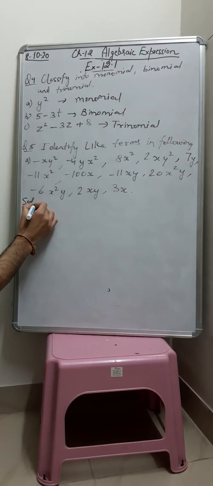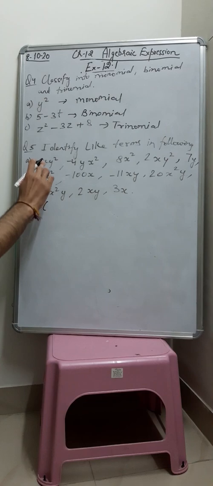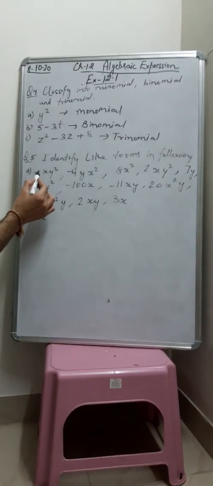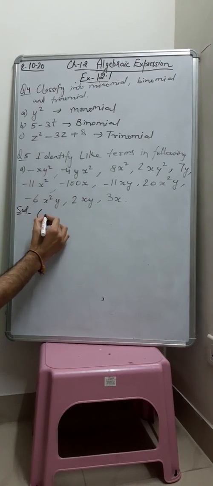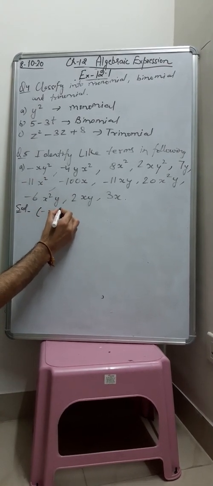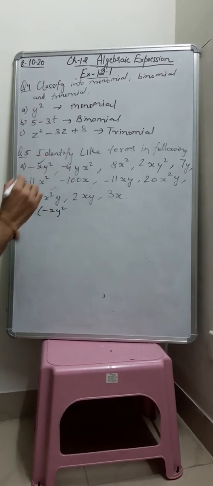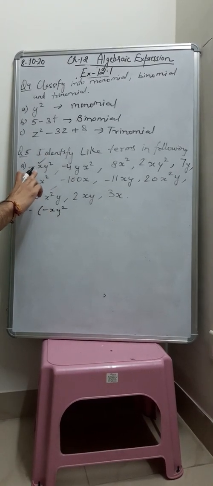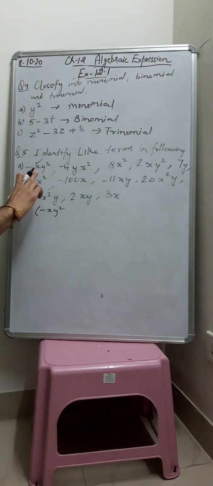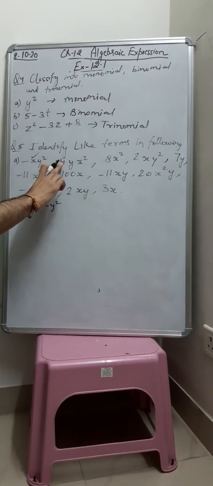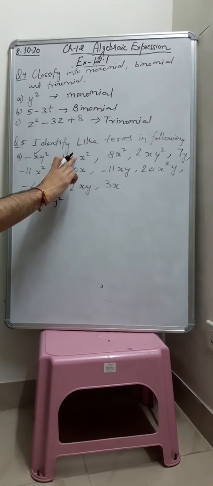So first, we are going to take a single term. First is minus xy square. So minus xy square, this we have taken, and the second, the pair of minus xy square, will be... minus 4yx?